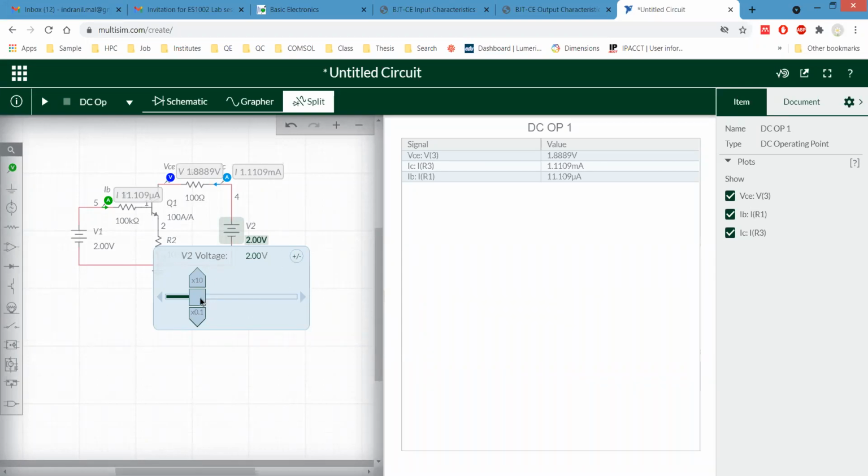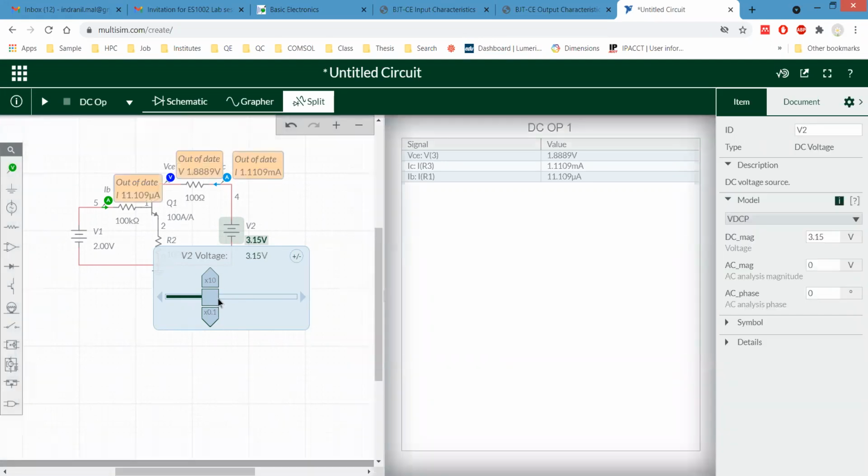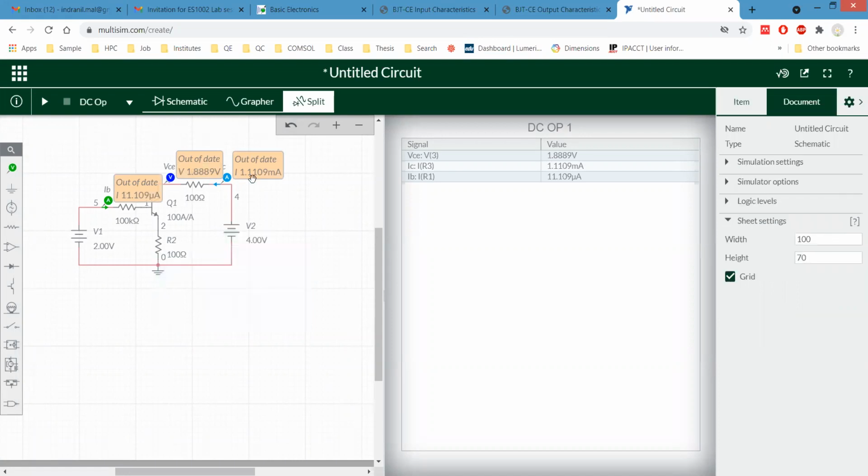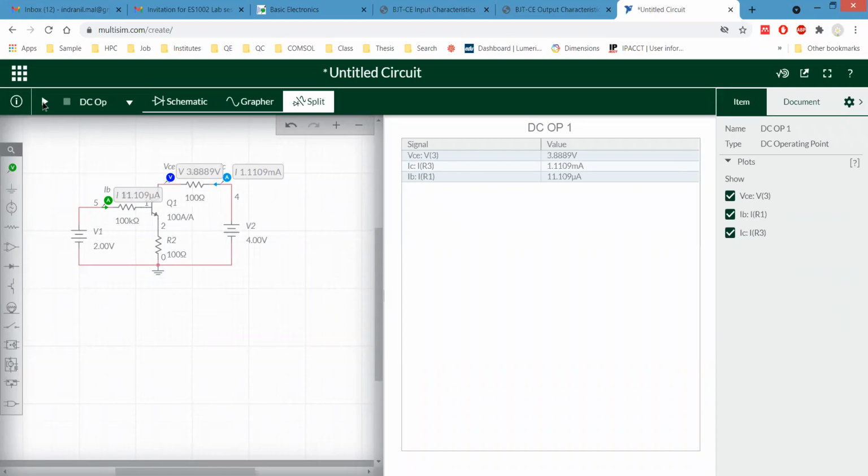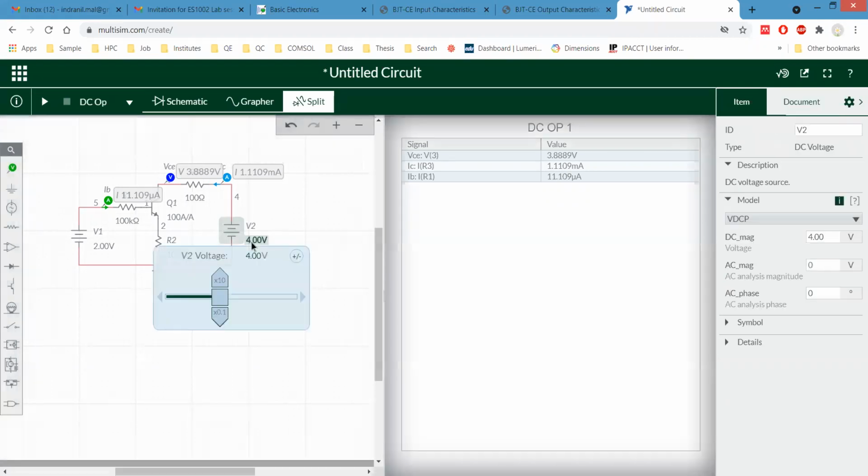Good. Now please change it to 4 volt. Okay, for 4 volt, it is 3.88 volt, and current is constant 1.11. Noted, sir. Okay. Now I think current is saturated.